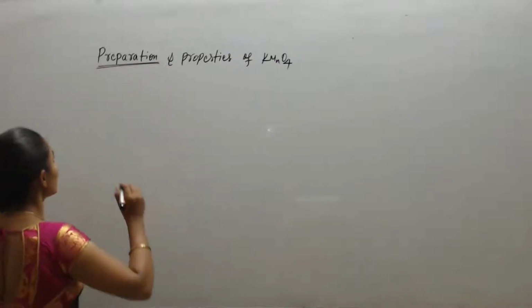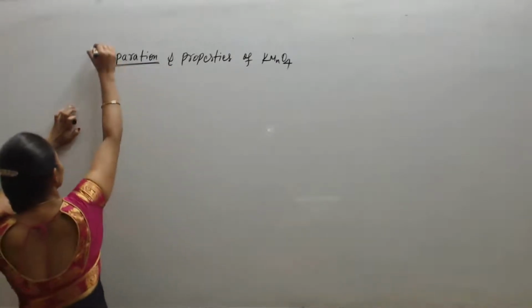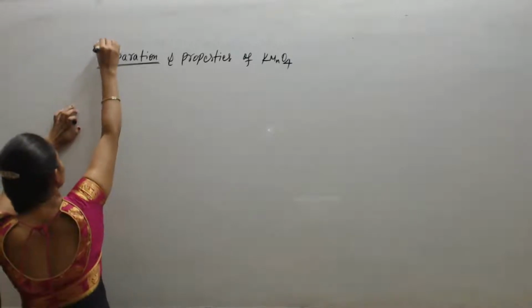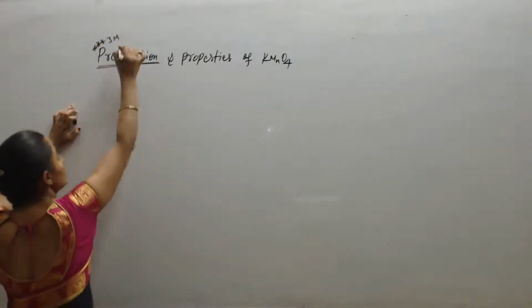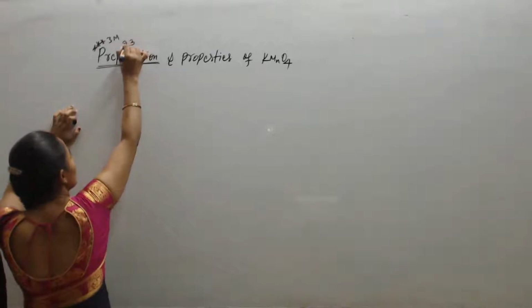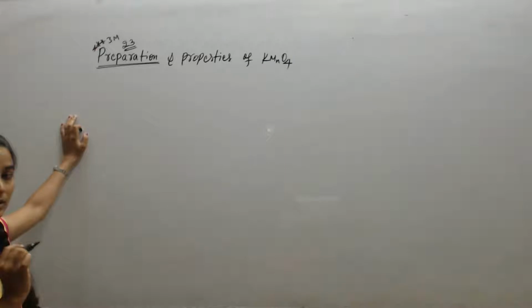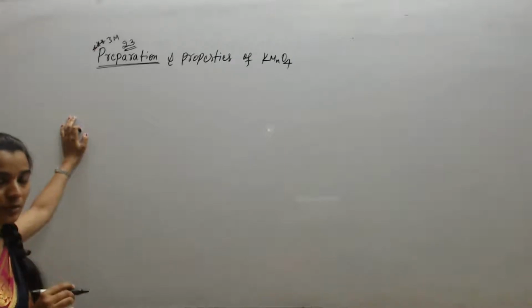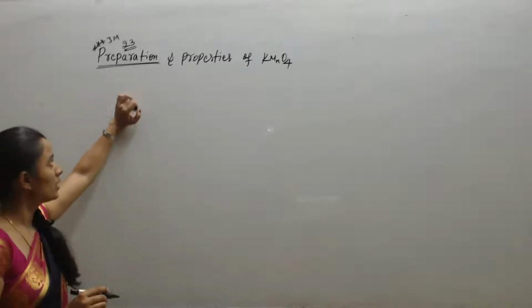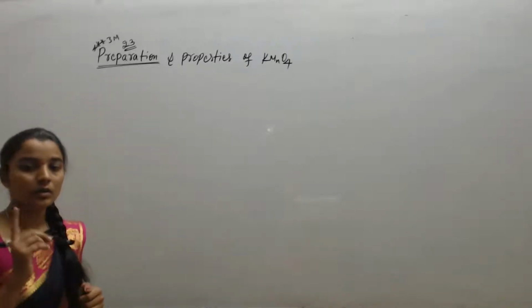Yes, students, this preparation is very important for 3 marks, right? That is question number 23. Yesterday also I told you, the preparation of potassium dichromate and this potassium permanganate are very important for 3 marks.